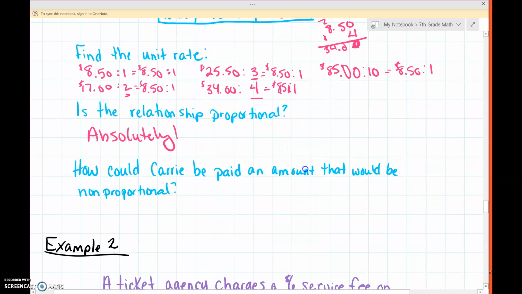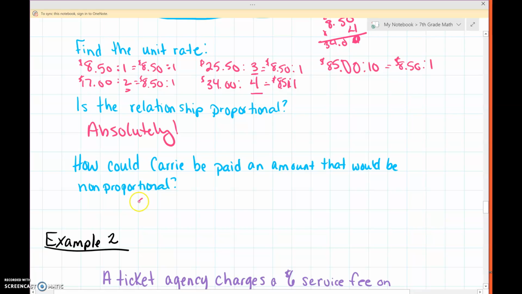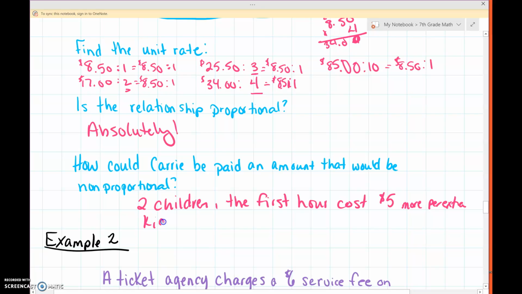Well, what if she babysat for 2 children and the first hour cost $5 more per extra kid.